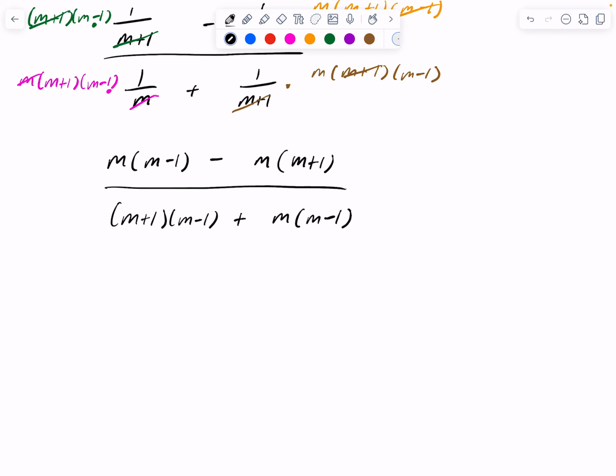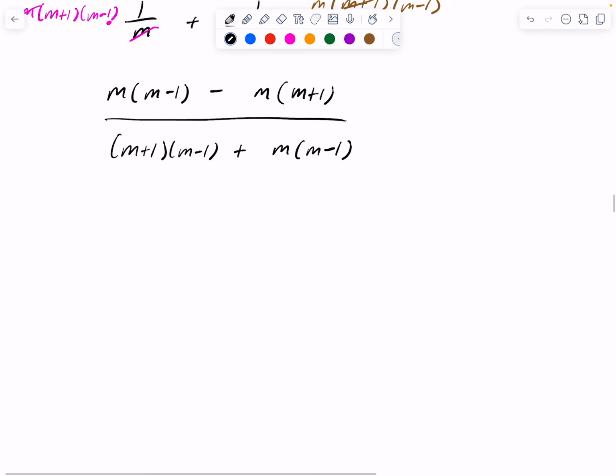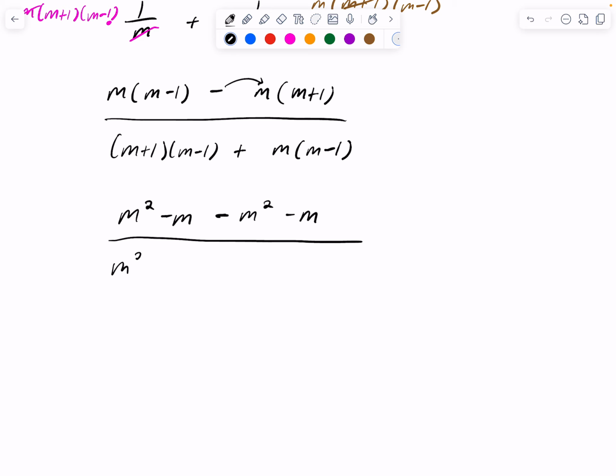Okay? Now from here, I'm just going to do more algebra, distribute to get m squared minus m. I'm going to distribute the negative with that m, so minus m squared minus m over m squared. Those are the difference of two squares, essentially, right? Because that's going to be m squared minus 1 plus m squared minus m.